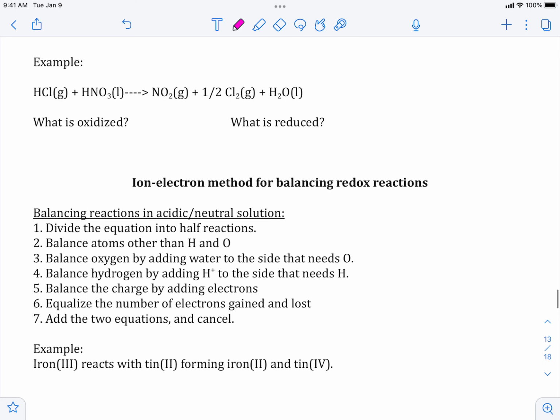So take a second, look at this reaction here, HCl plus HNO3. Try to figure out what element is oxidized, what element is reduced. And again, you have to do that by looking up charges.